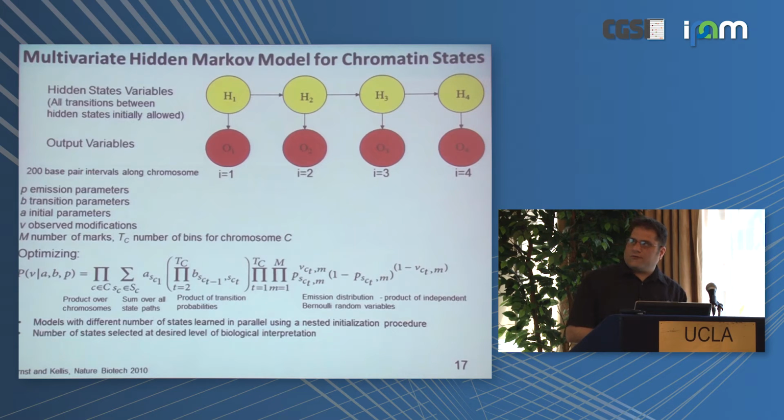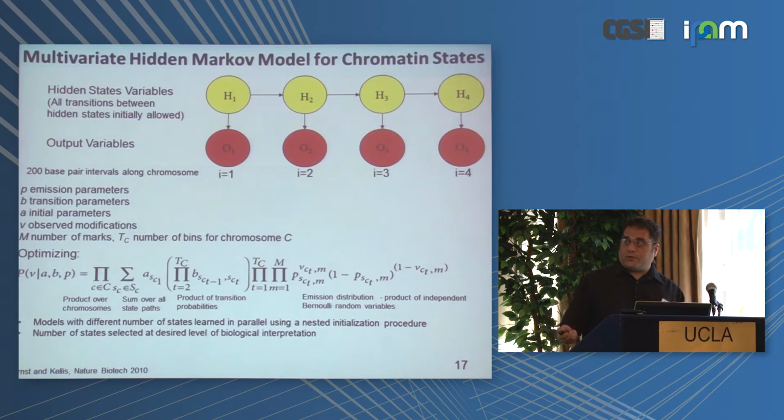And this is another view of what we're effectively doing. We have a hidden state at each position along the genome, and then we have an observation of the set of histone modifications. And the hidden state at each position will depend on the hidden state at the previous position.